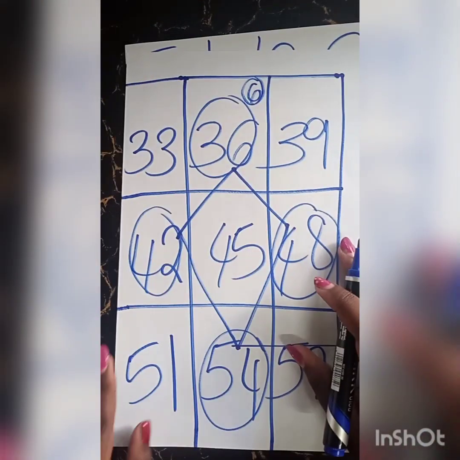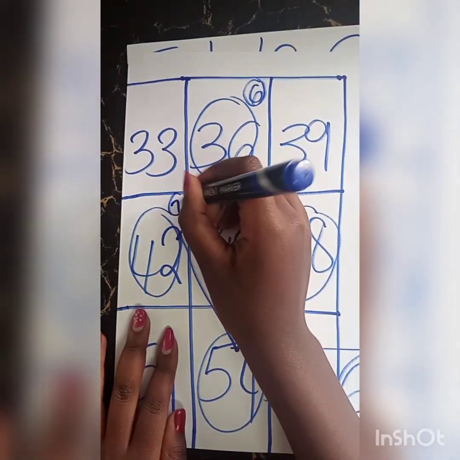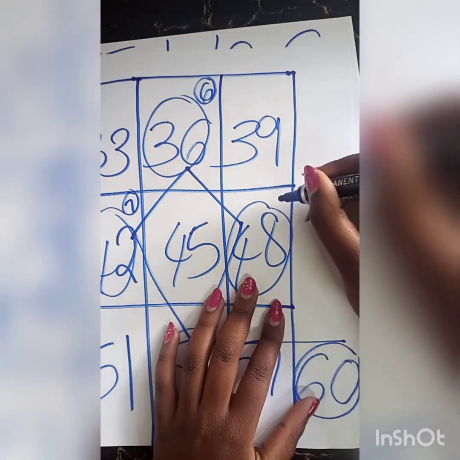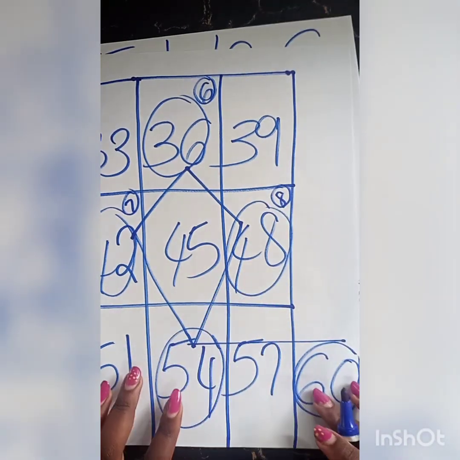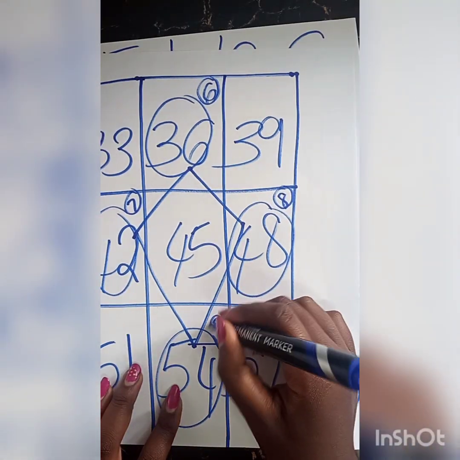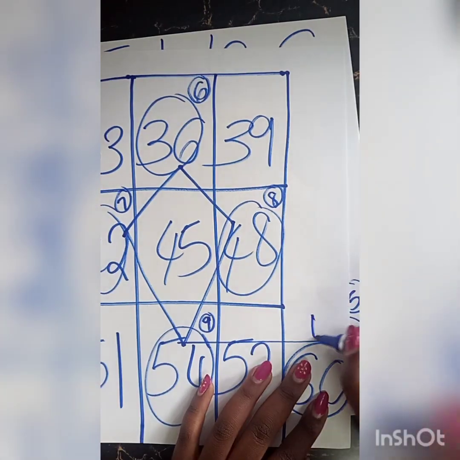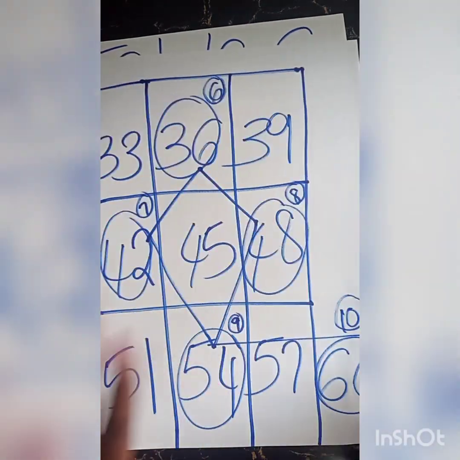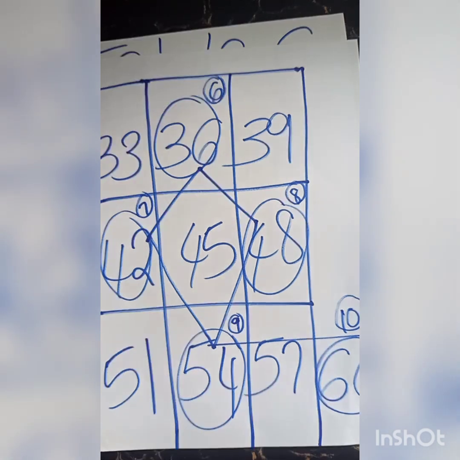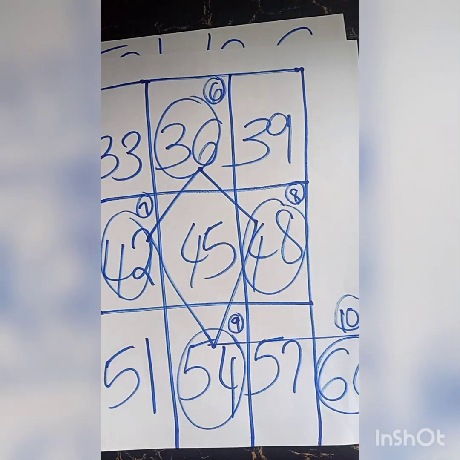This is 6 times 7. This is 6 times 8. This is 6 times 9. And this is 6 times 10. I'm sorry it looks a bit clumsy, but I believe you understand the concept. And just like that, we have our table 6.